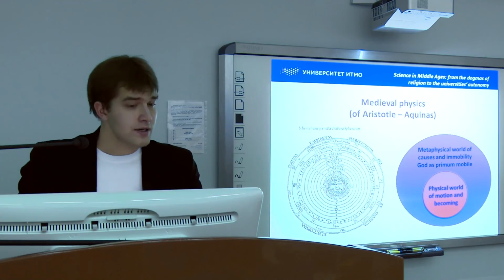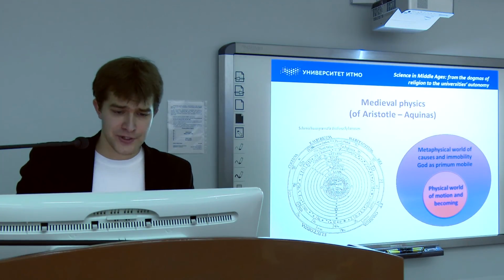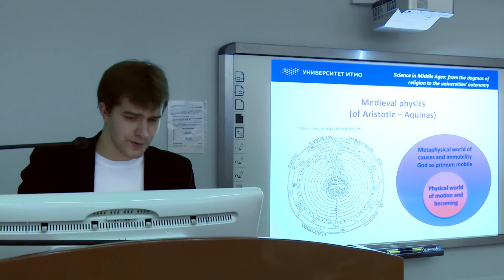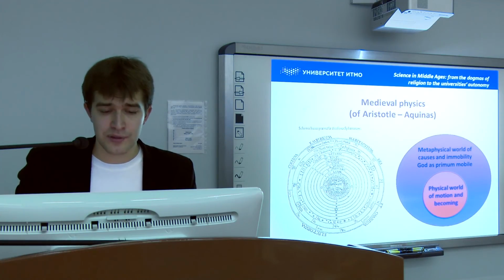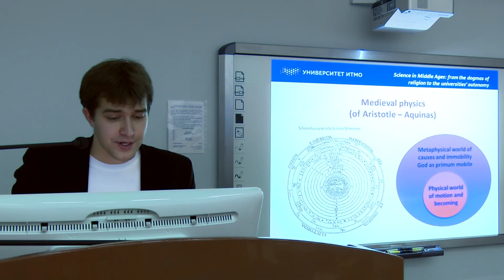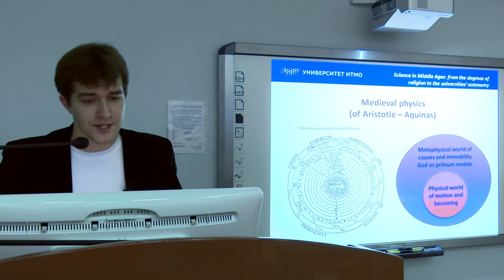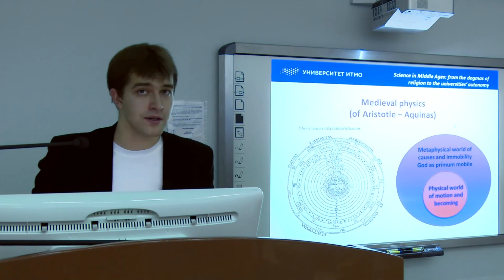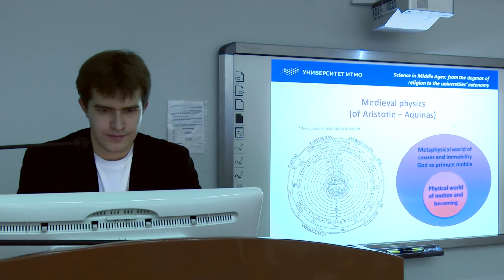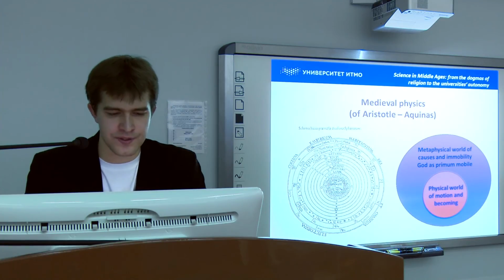So here we can see the famous scheme of the universe created by Ptolemy. So in the very center of the universe we find the Earth, right? And Aquinas quite agreed with Aristotle in these things.